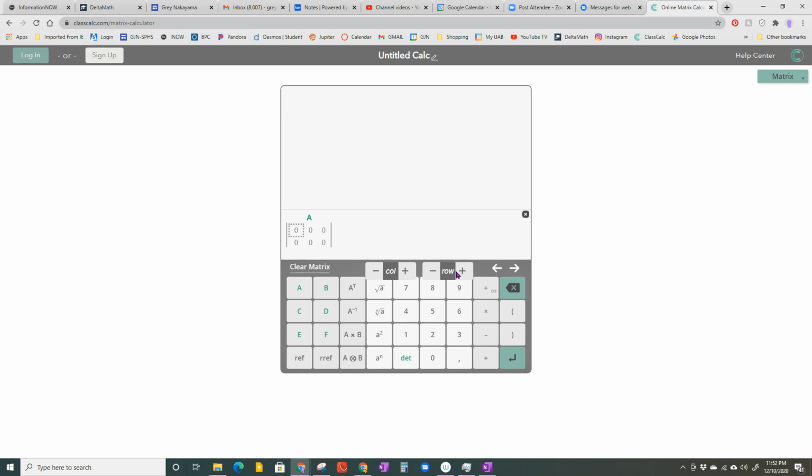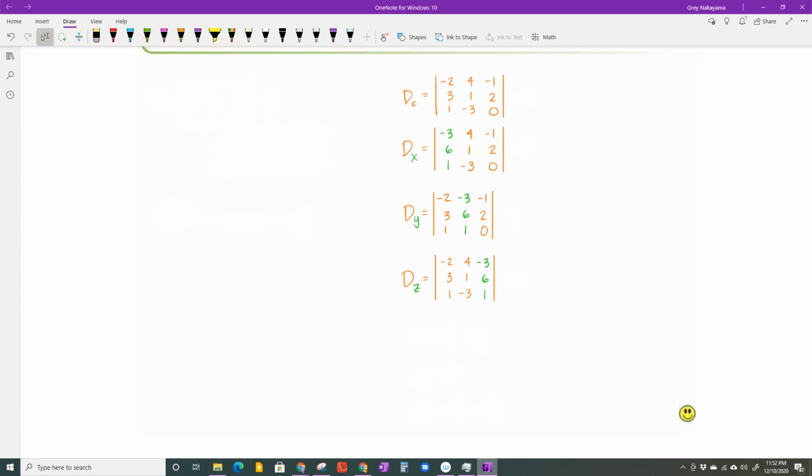You add rows and columns. I have a 3 by 3, and I'm going to put in -2, 4, -1, 3, 1, 2, 1, -3, and 0. Okay? And then to get the determinant, you can either type the letters DET or hit that button and then hit A, and we know that our determinant is 6. So that's all you've got to do each time.